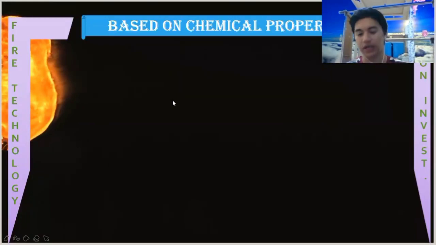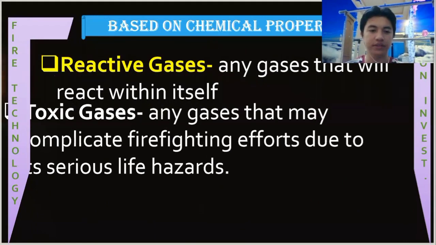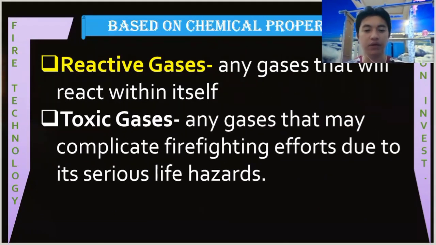And based on chemical properties, the reactive gases, any gases that react within itself. So it is the reaction that will take place when gases mix with particles and toxic gases, any gases that may complicate firefighting efforts due to its serious life hazards.